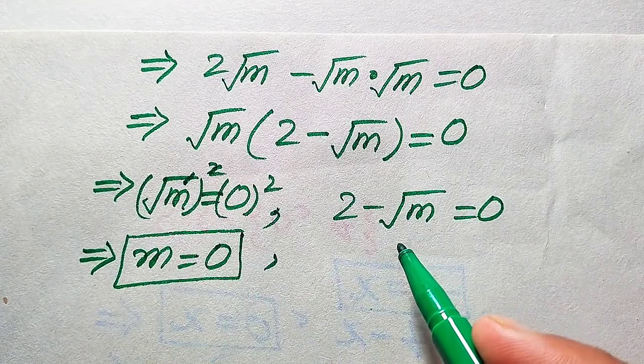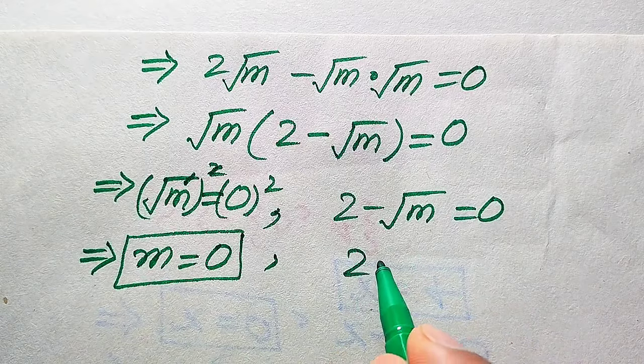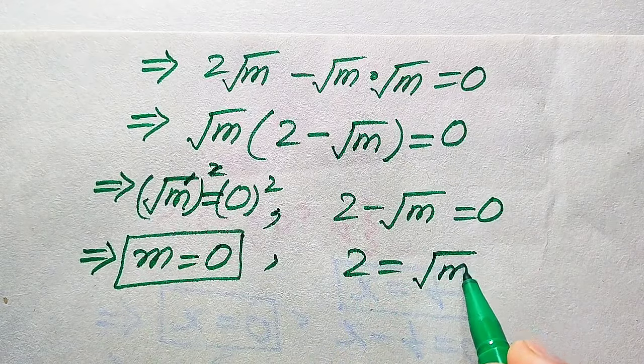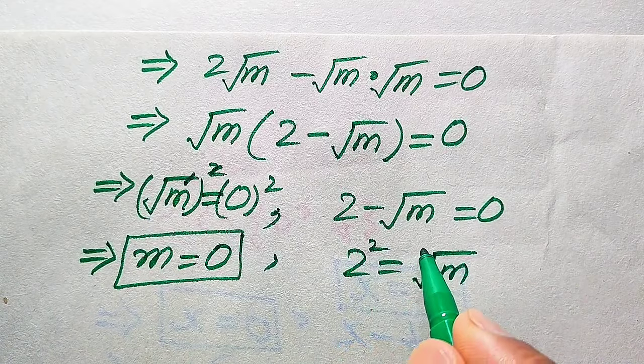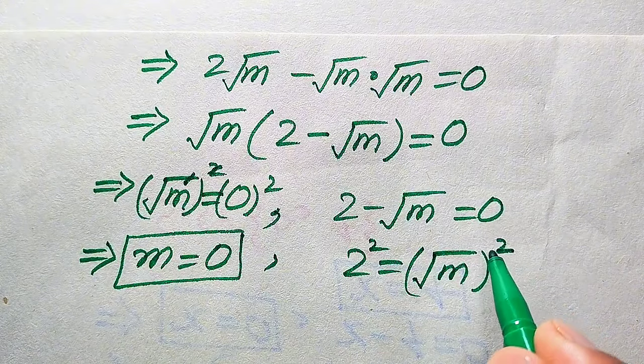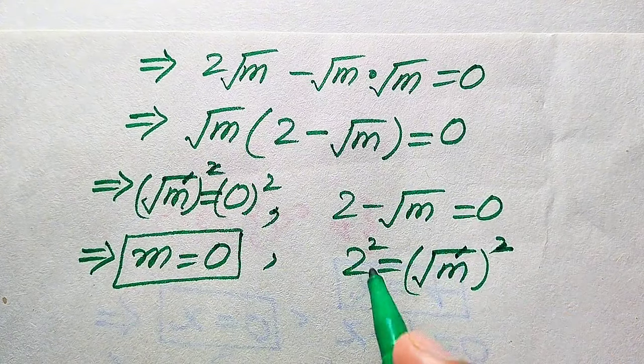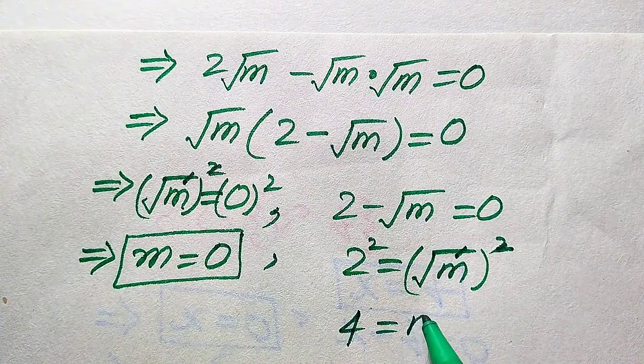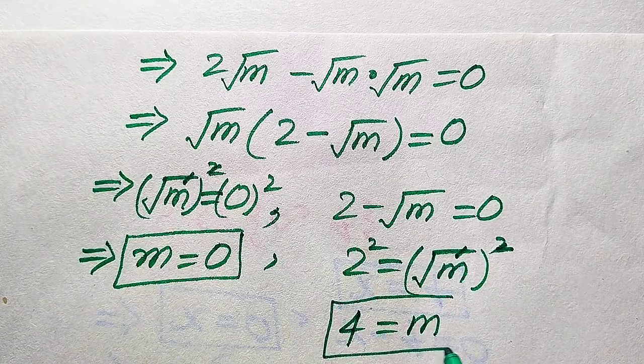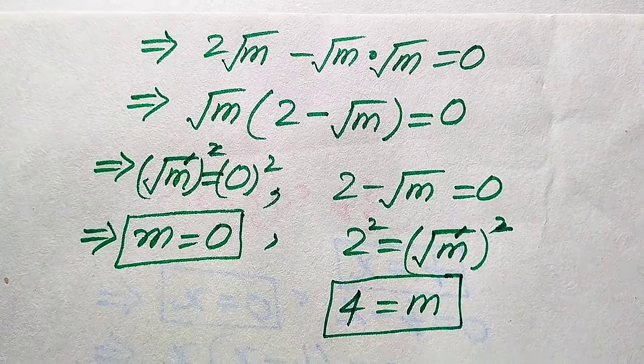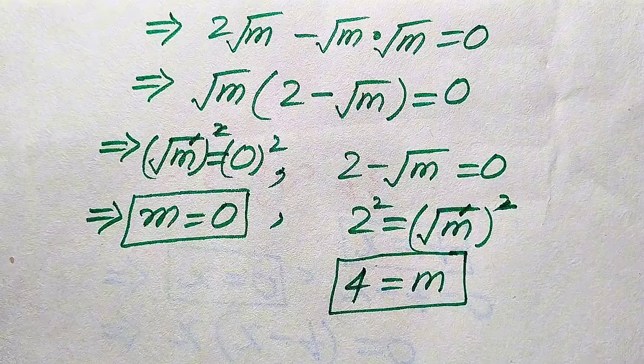So this is the first root of the given equation, and from here we obtain 2 is equal to square root of m, and here we again take squaring on both of the sides. So the 2 and square root are gone, and this 2 squared becomes 4 equals m. So this is the second value of m which we get here.